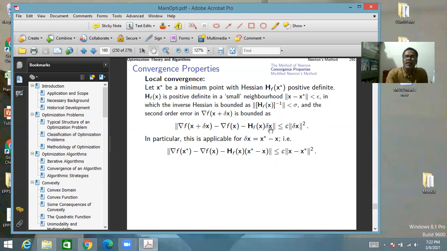Okay, and so second order terms will dominate. So you can say that the difference of this thing with the first two terms will be some constant into the square of delta x. In particular, this will be true for this delta x also, x star minus x.